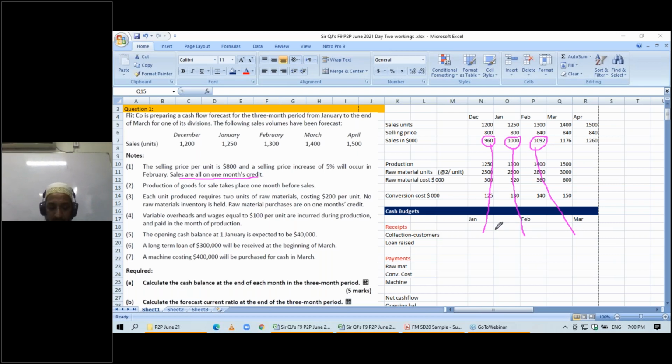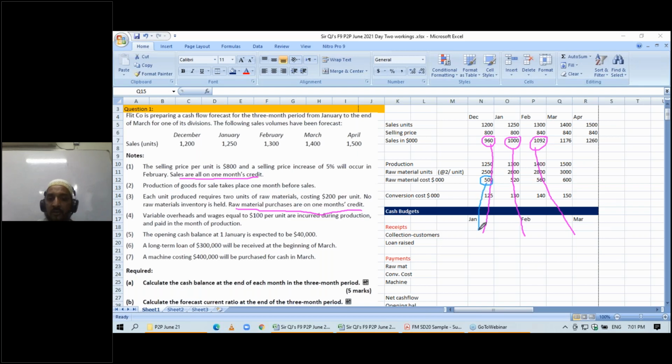Then what do they say about the raw material? About raw material, they say raw material purchases are on 1 month credit, meaning that if they have purchased raw material for 500,000 in December, when will this be paid?